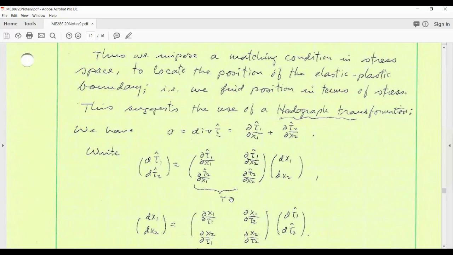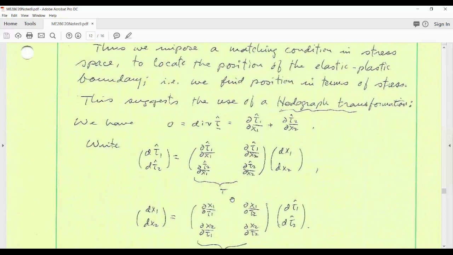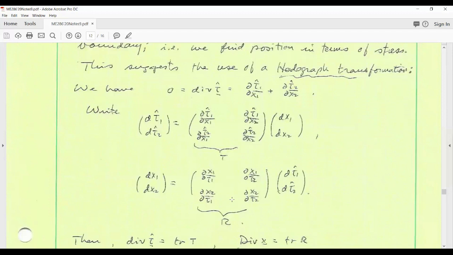Let's call that matrix T. And likewise, we can write the differentials of the coordinates in terms of the differentials of the stress components, again by the chain rule. Call this matrix R, and then this has to be the inverse of this T, right?